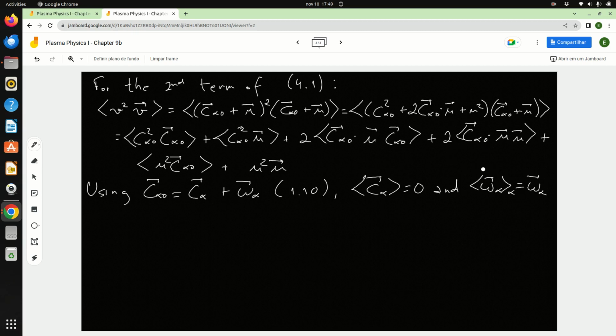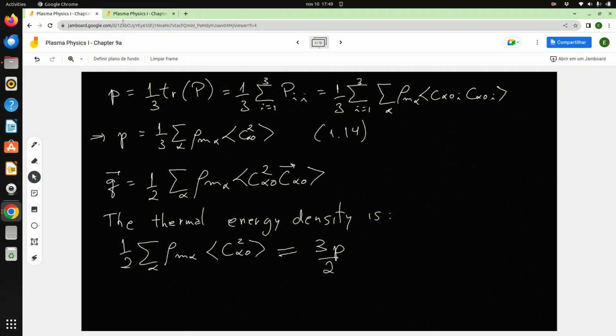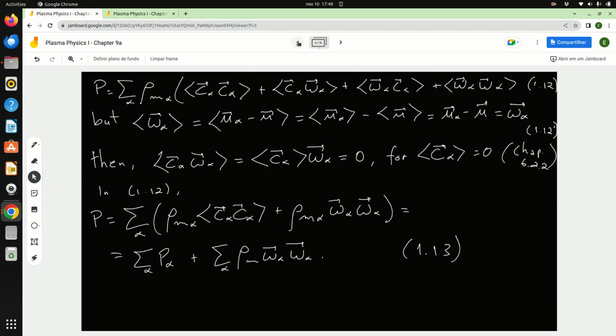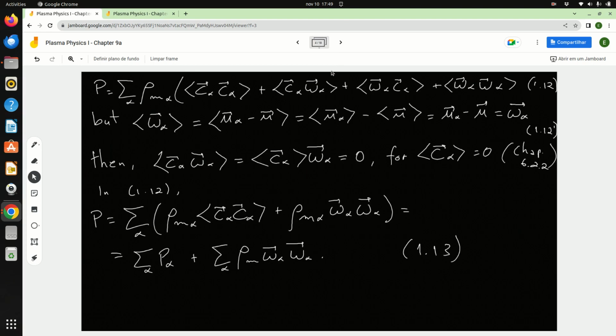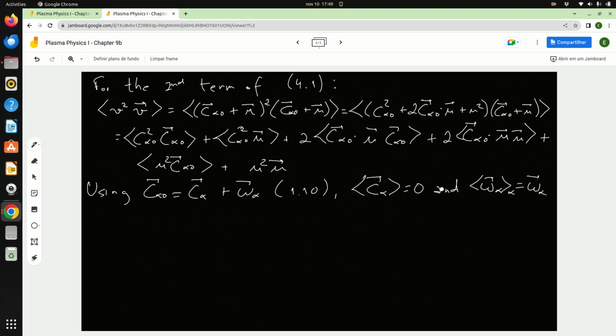This is an equation 1.12 prime, what is it? 1.12, where is it? Okay, here. This is equal to this. We have already shown this as well. So now this equation can be written like this.